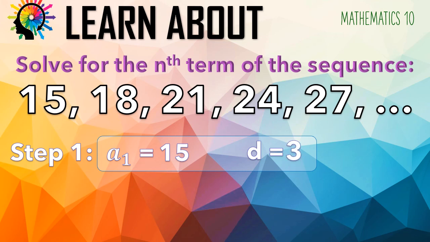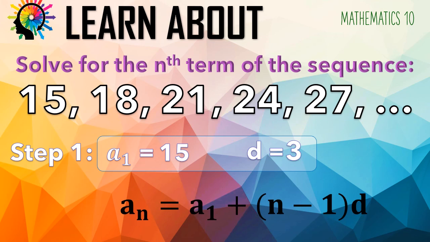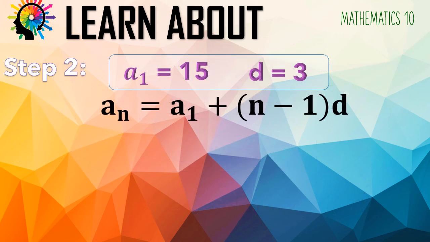Our general term for an arithmetic sequence is a sub n equals a sub 1 plus quantity n minus 1 times d. Based on our given sequence, a sub 1 is 15 and d equals 3.